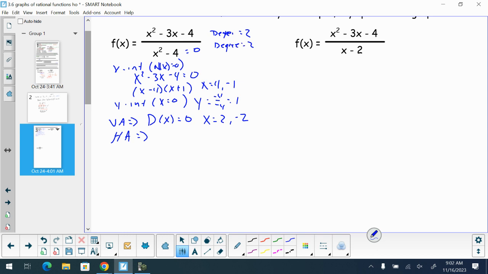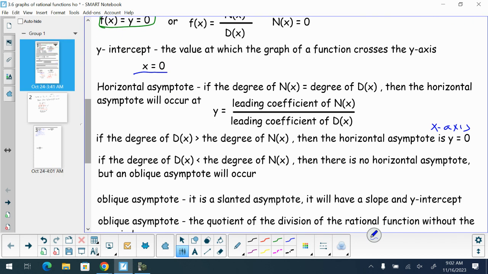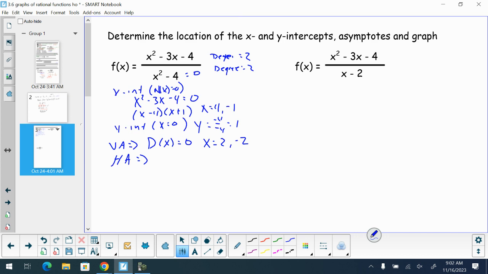So they're equal. So if they're equal, then we have a horizontal asymptote: leading coefficient of the numerator divided by leading coefficient of the denominator. My leading coefficient of my numerator is 1. Leading coefficient of my denominator is 1. So we have y is equal to 1.